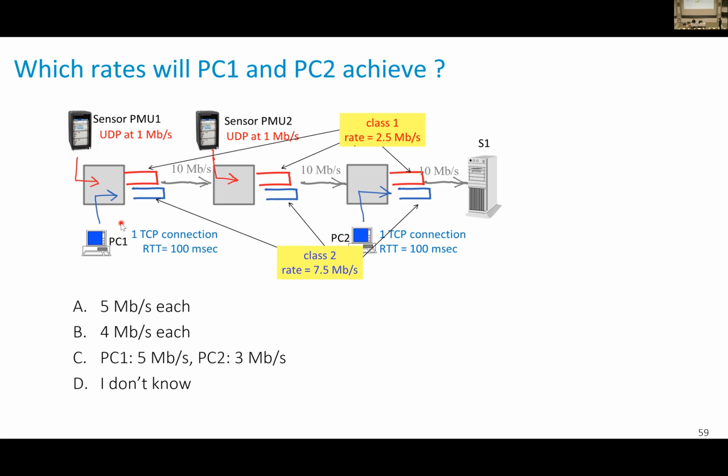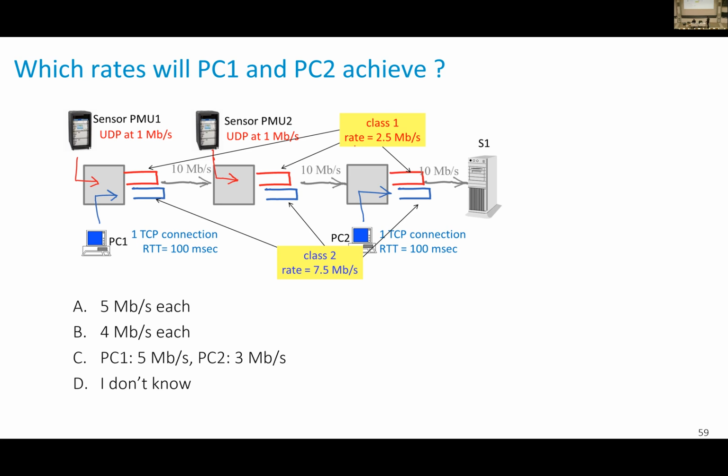Two PCs are trying to transfer data with S1, and assuming the RTTs are the same, how much will the 2 PCs get in this setting here? I close the poll.